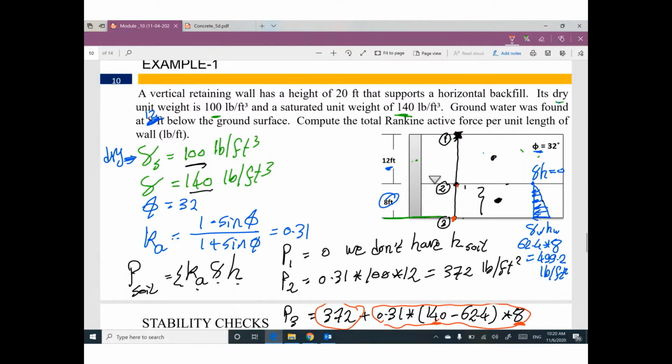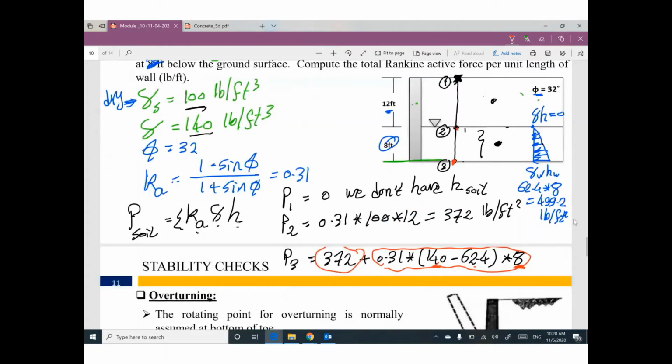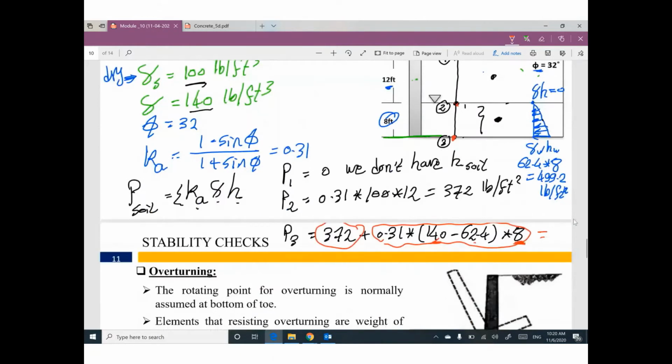Because we have water, I subtracted 62.4. This value will be 564.4.